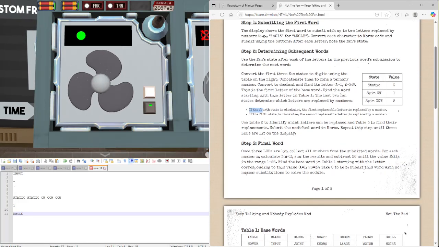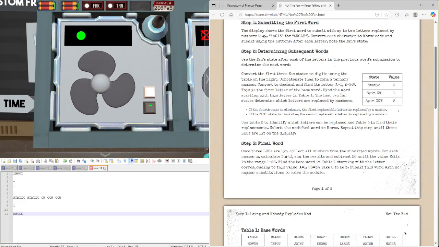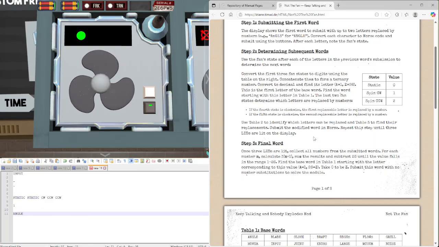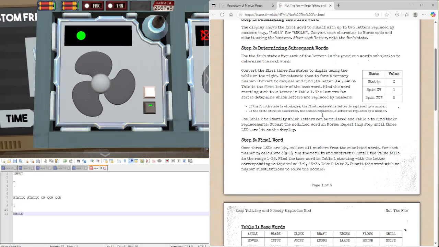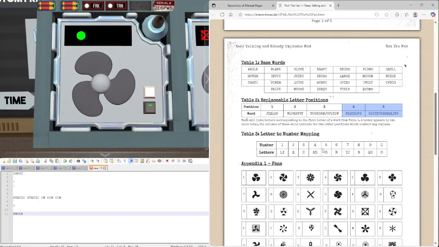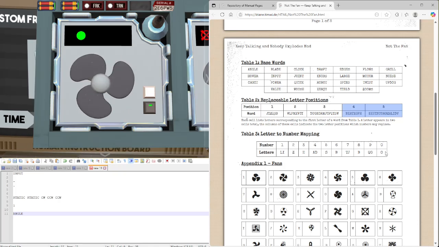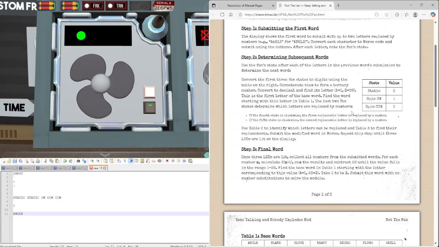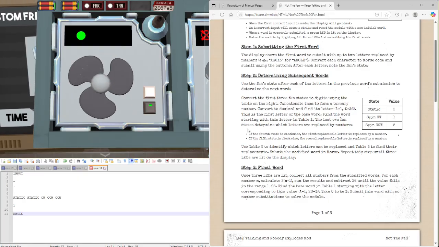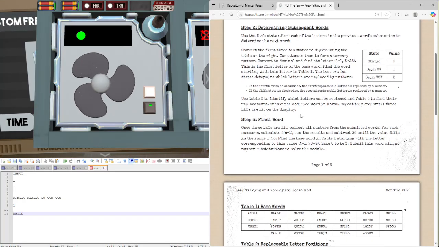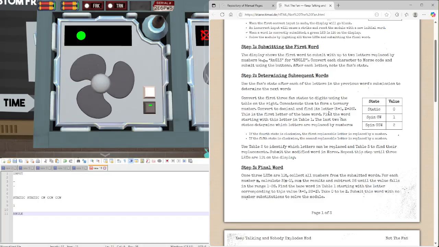However, this is only required if the state was clockwise. In our case, neither of them were, so we're just omitting the replacement for the word angle. Otherwise, we would replace it using this table with its corresponding number that looks a bit like the letter. So we are just replacing nothing and just submitting the word angle.